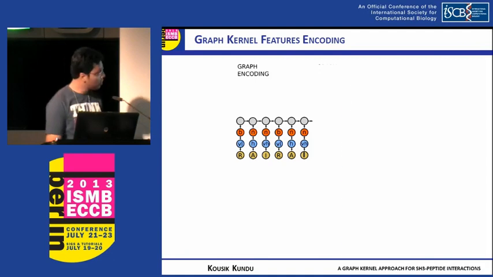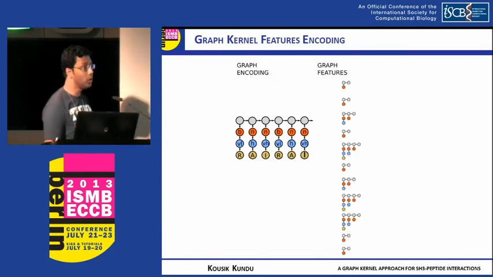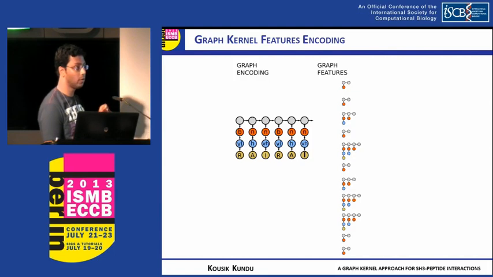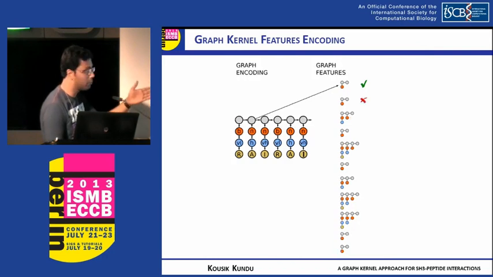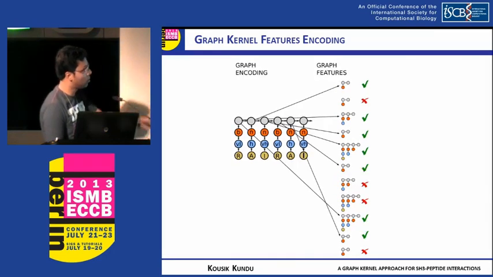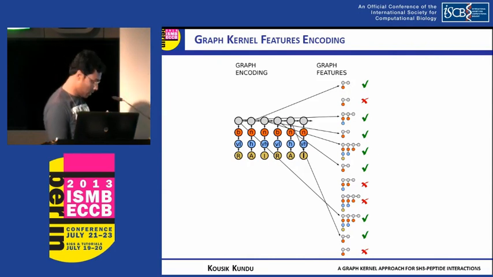For all combinations of graph features, we count the frequency if the feature is present in our graph encoding. For example, if this one is present here, we count the frequency. If it is not present, we ignore it, and so on. We get the frequency of all the features that are present in our encoding.